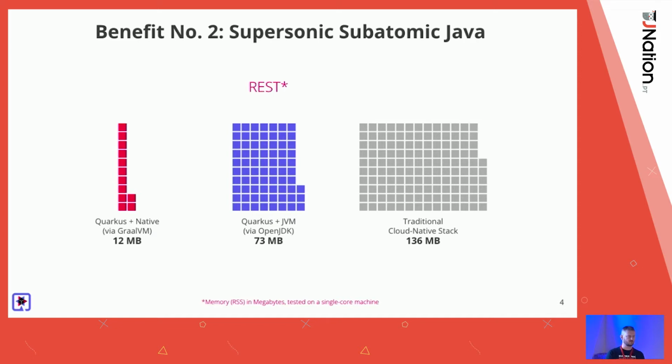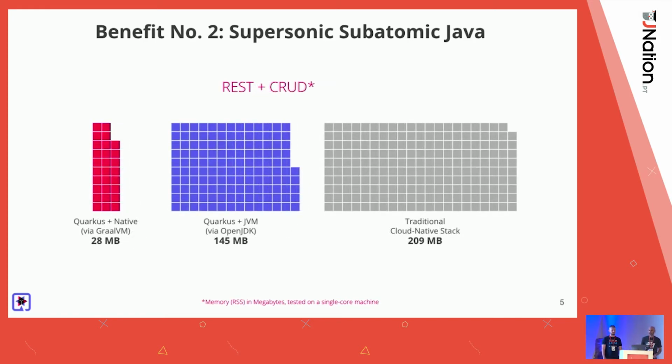So to give you an example, here we have some benchmarks we ran a few years ago for a typical REST application, where we look at the memory usage, and when you use Quarkus on the JVM, which is going to be probably the default way for you to use it, we have a memory footprint that is around half of what they used to be on traditional cloud-native stacks. And if you go the extra mile and compile natively on GraalVM, which we will talk about and demo later on, then it becomes really tiny.